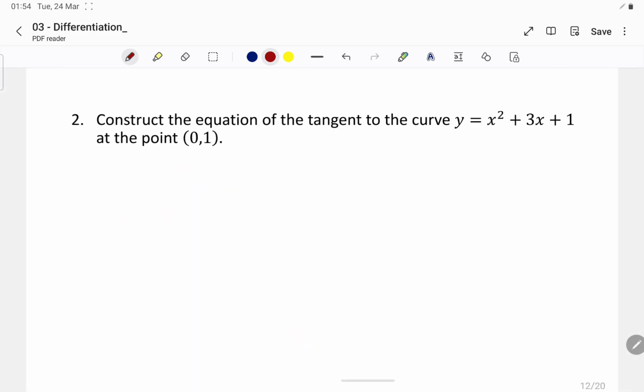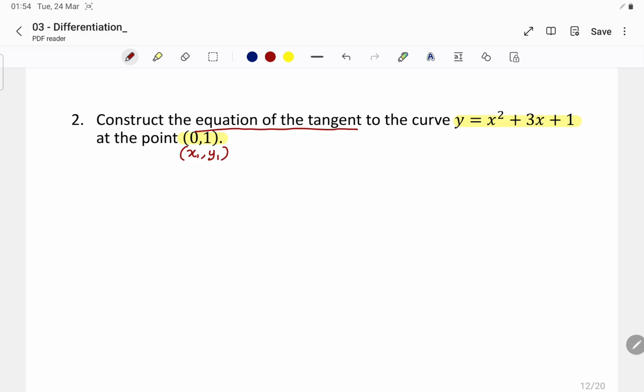Now we go through question 2. This question asks you to construct the equation of the tangent to the curve y equal to x squared plus 3x plus 1 at the point (0, 1). When we have this kind of question, remember to extract all of the information. So this is your y, and (0, 1) is your point x1 and y1.